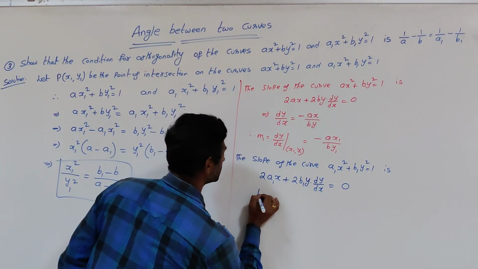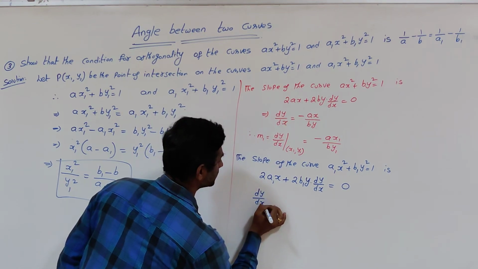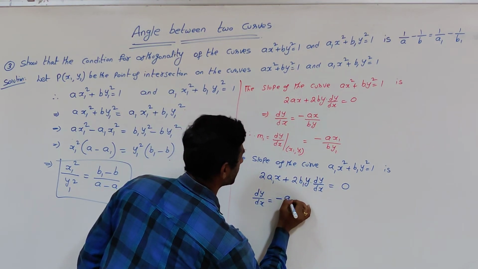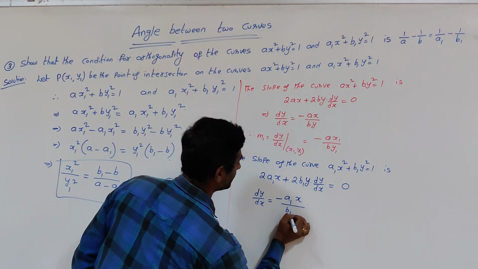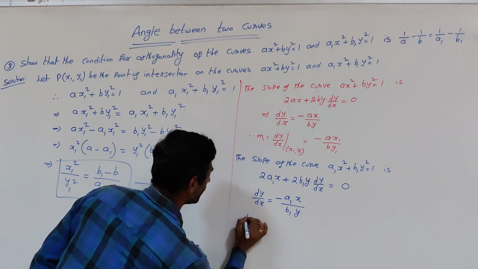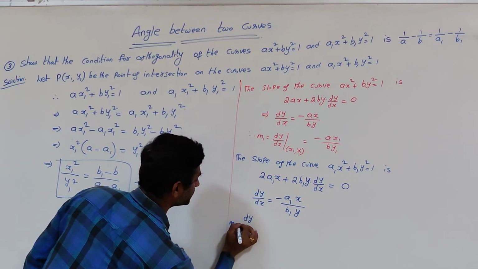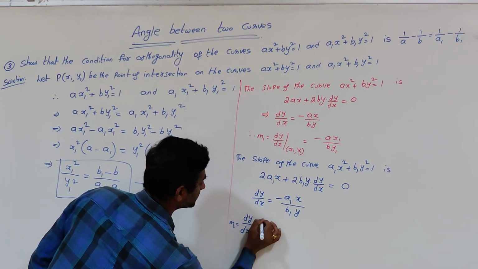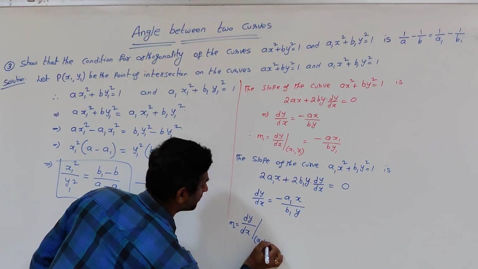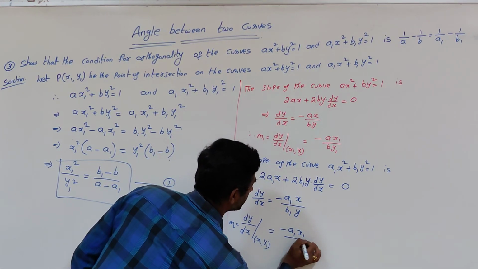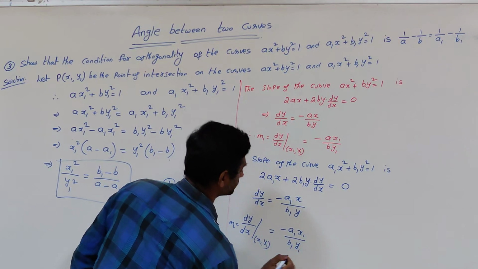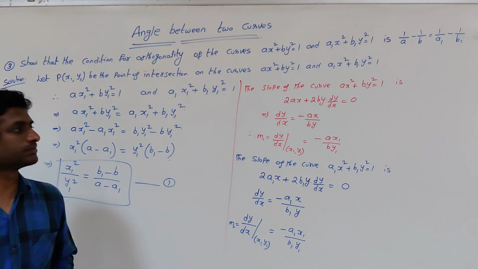From this, what will be dy by dx? That is minus a1x by b1y. But at what point? That is m2 is equal to dy by dx at (x1, y1). That gives minus a1x1 by b1y1. So these are the two slopes.